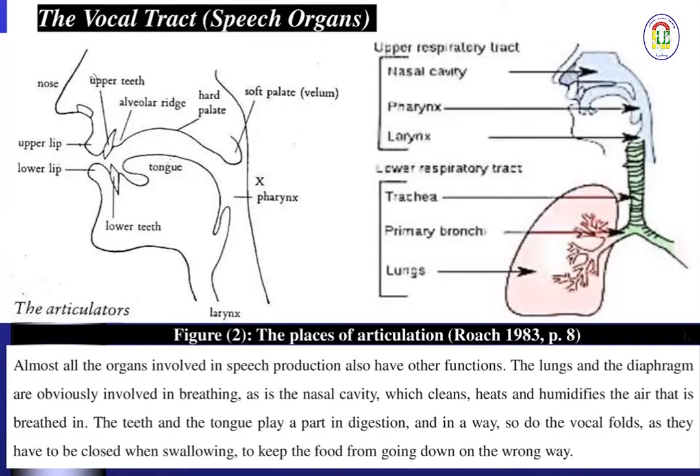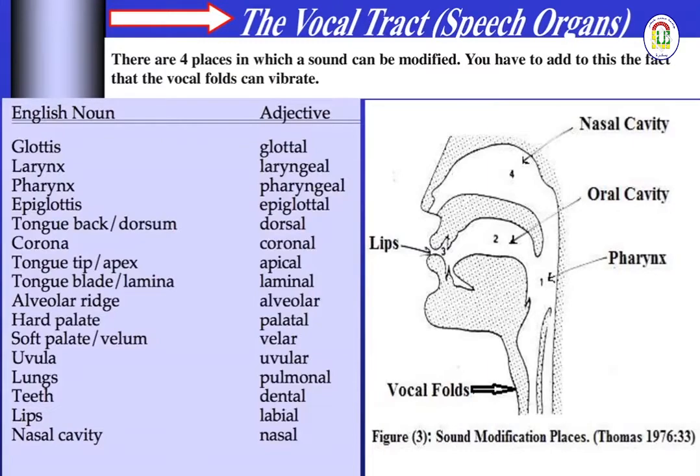The lungs and the diaphragm are obviously involved in breathing, as is the nasal cavity, which cleans, heats, and humidifies the air that is breathed in. The teeth and the tongue play a part in digestion, and in a way, so do the vocal folds, as they have to be closed during swallowing to keep food from going the wrong way to the lungs.